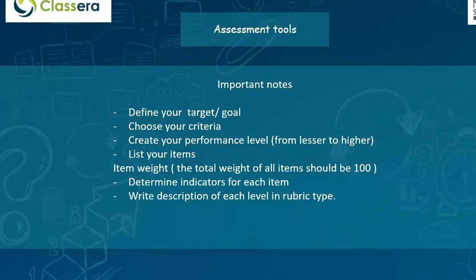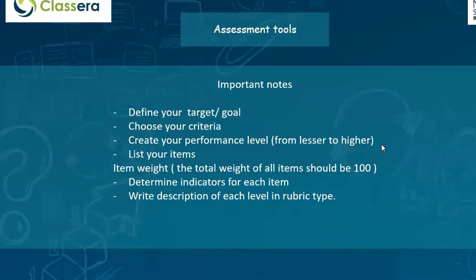Choose your criteria with your team, teacher, academic head, supervisors. Create your performance level from lesser to higher. This is very important. And even when we write it in the setting of assessment, we always write it from lesser to higher, okay?